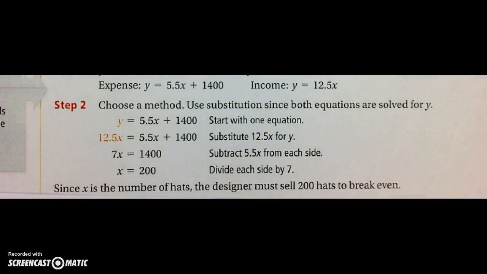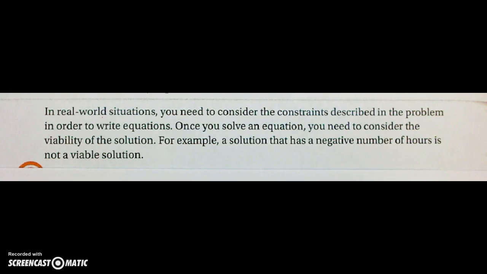Once they sell 200 hats, they have not made any money yet. They just broke even. They got to pay the bills. In real-world situations, you need to consider the constraints described in the problem in order to write equations. Once you solve the equation, you need to consider the viability of the solution.